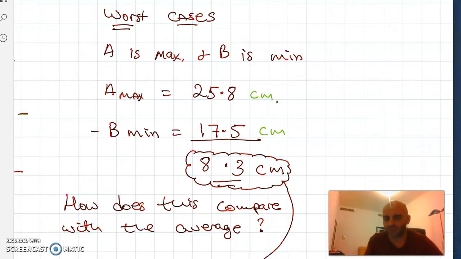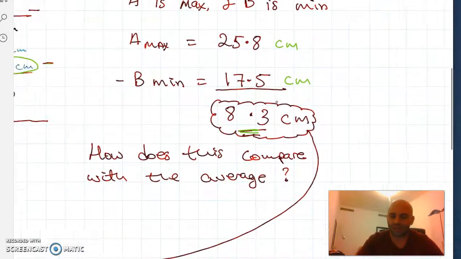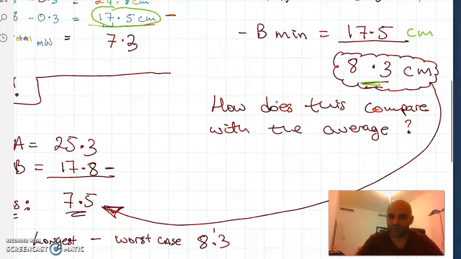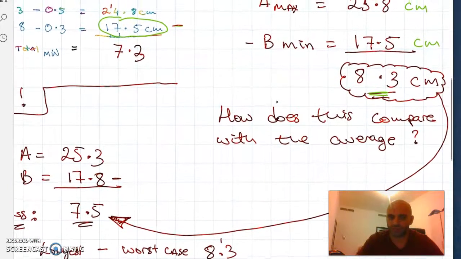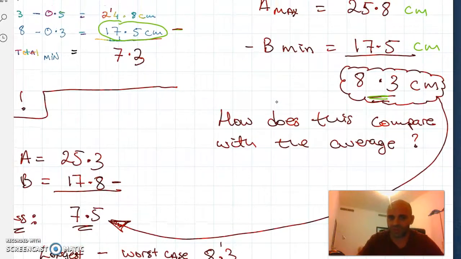Now if you subtract the difference between those two, you get 8.3. And now if we just ask ourselves, how does that compare to our average figure? The average figure was the reported figure that we had at the start. A was supposed to be on average 25.3 centimeters long, and B was supposed to be 17.8 centimeters long. So when you subtract the two of those, you get 7.5 centimeters.